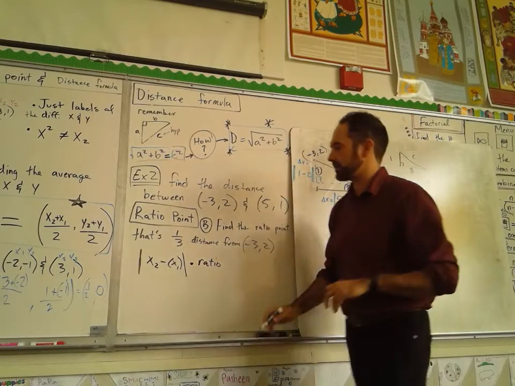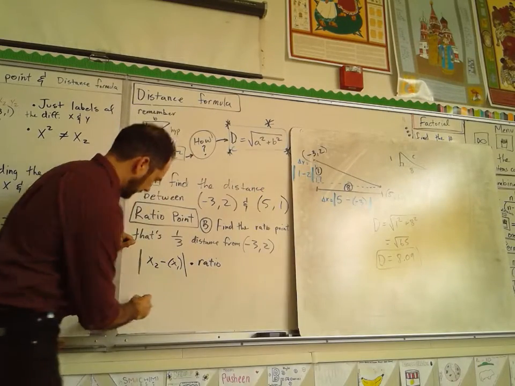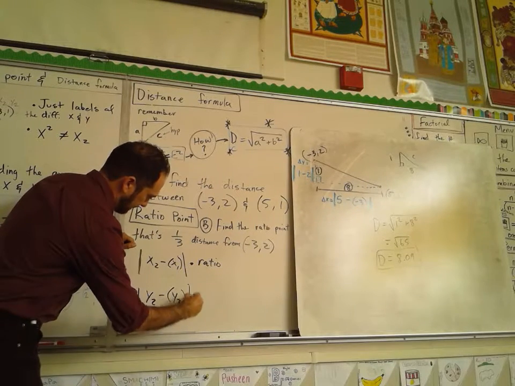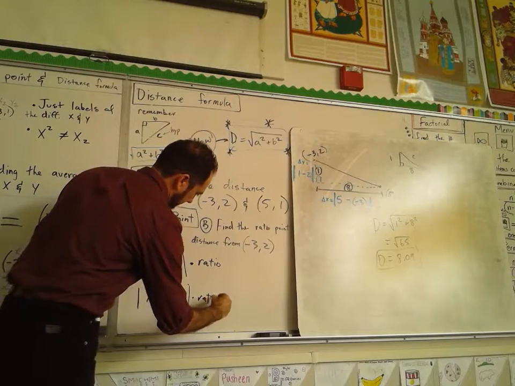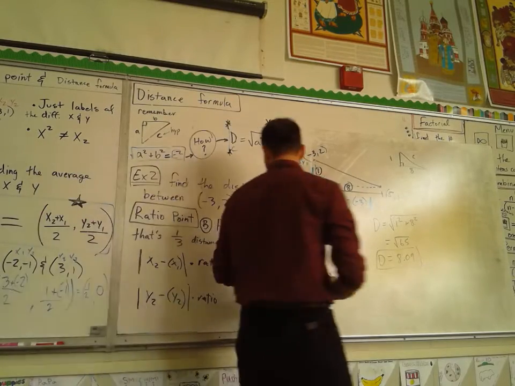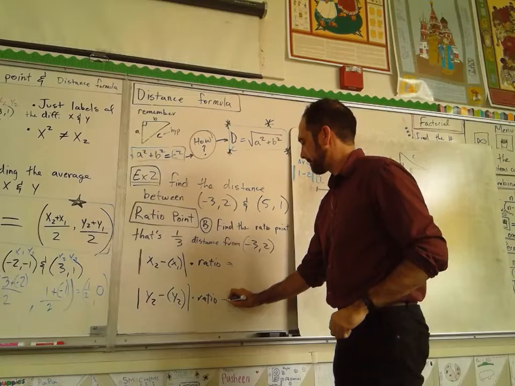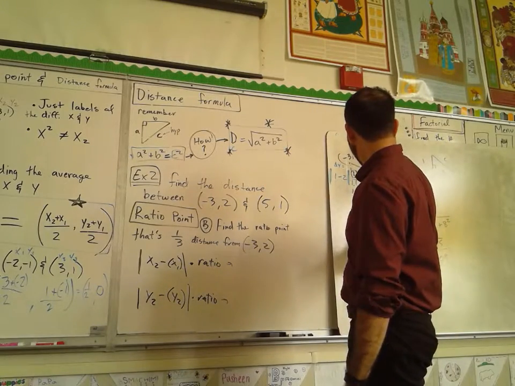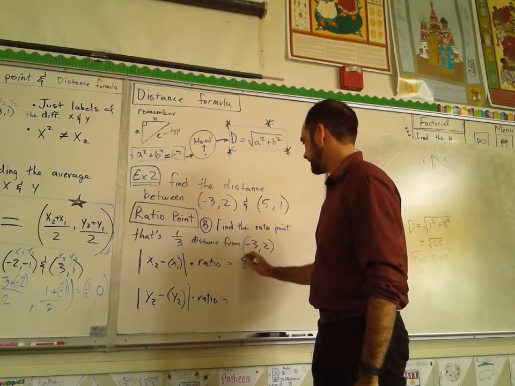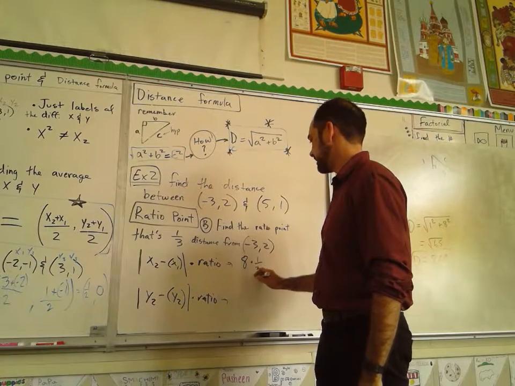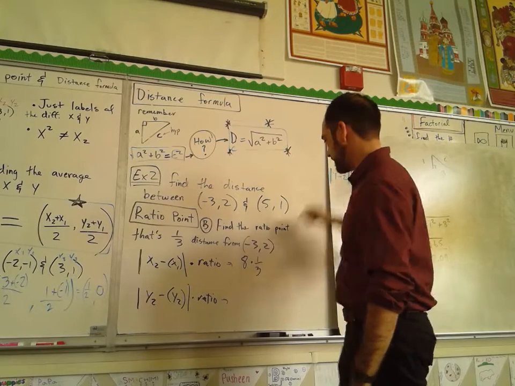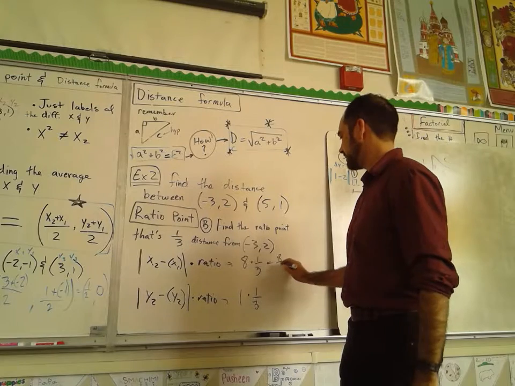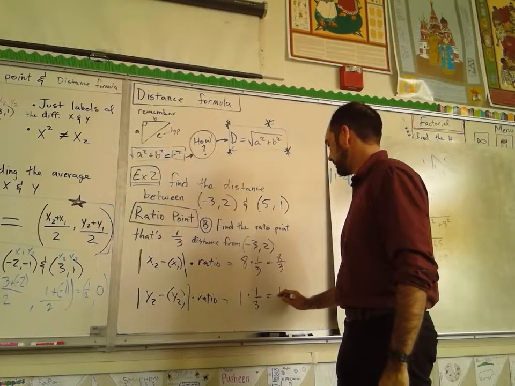We're going to do that for x, and we're going to do it for y, times the ratio. In this case, the change in x was 8, so we get 8 times 1/3. For y, the change was 1, so 1 times 1/3. So we end up with 8/3 and 1/3.